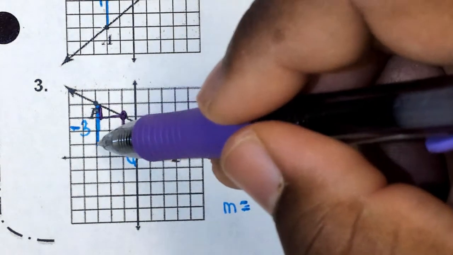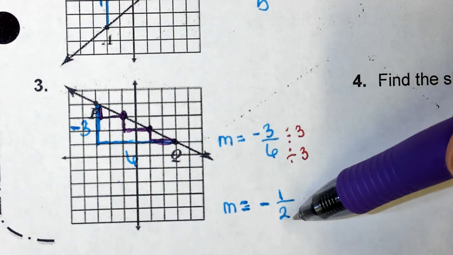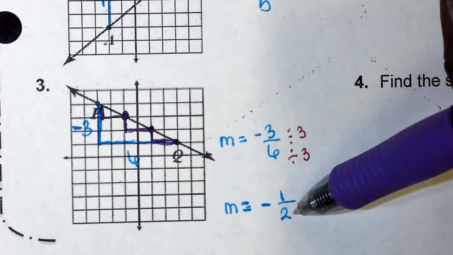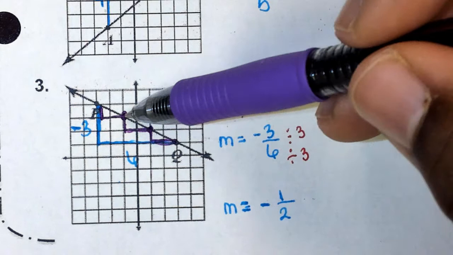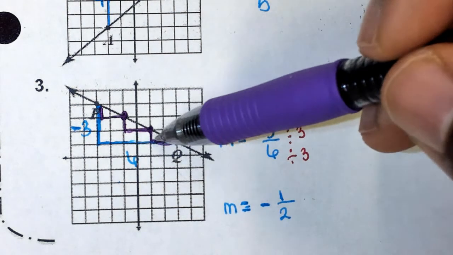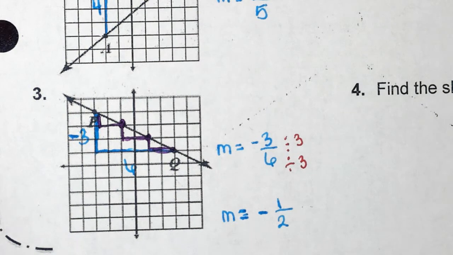Even if you choose the biggest points, it'll still reduce down to what it's supposed to be. Like I chose from P to Q when we reduced it down to negative 1/2. But if you choose any 2 points on that line, you can reduce. You won't have to reduce if you pick the smallest 2, but if you don't, just reduce and you'll get the right slope.